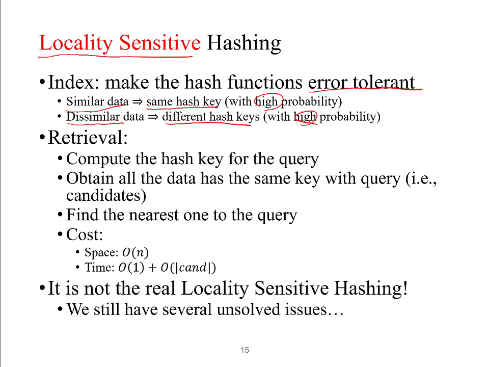We obtain all the data that has the same key as the query, because this data is supposed to be similar to the query, right? We call them candidates. Then we find the nearest one to the query from the candidates.